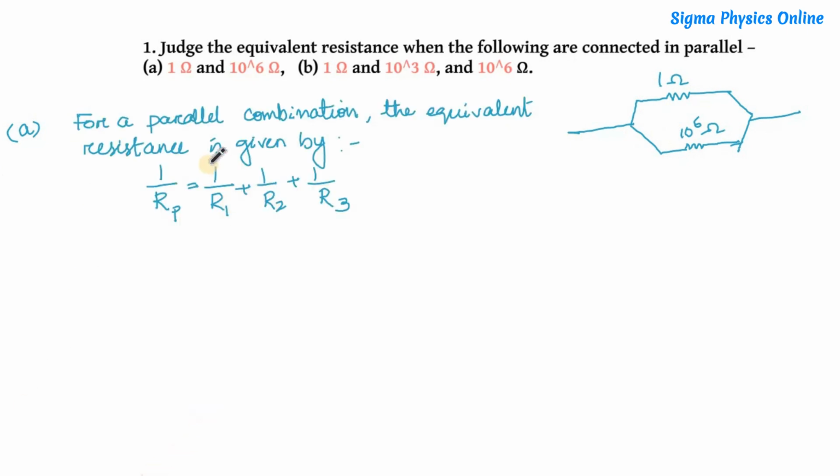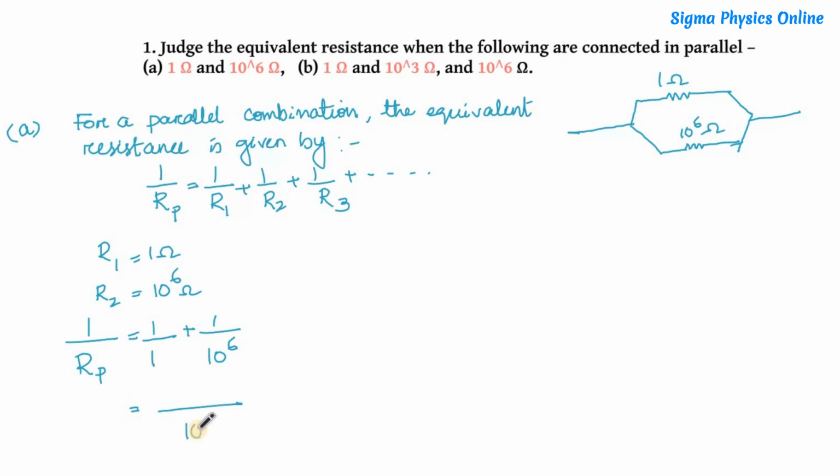For a parallel combination, the equivalent resistance is given by 1 by Rp is 1 by R1 plus 1 by R2 plus 1 by R3 and so on. Here R1 is 1 ohm and R2 is 10 to the power 6 ohm. So we'll substitute the values in this equation. 1 by Rp is 1 by 1 ohm plus 1 by 10 to the power 6 ohm.